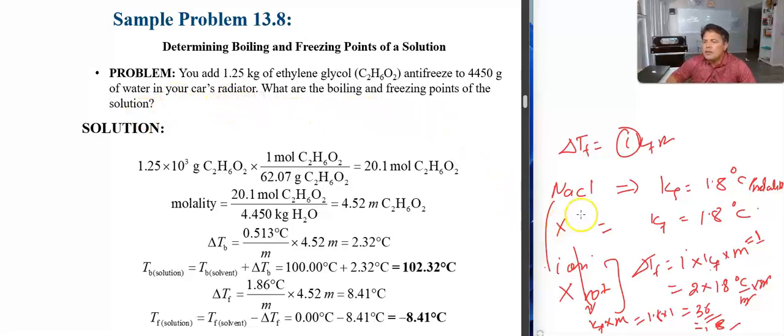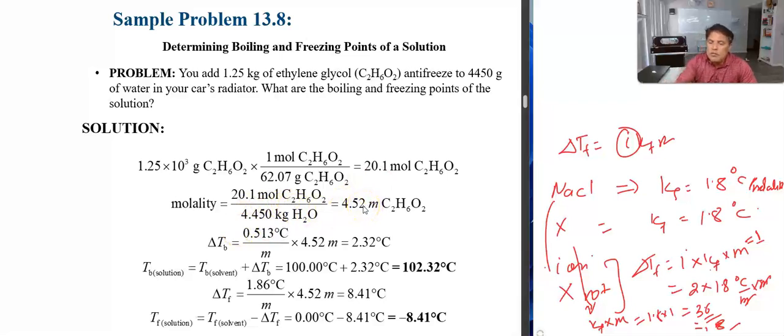So let's do that. First of all, convert that into moles, and then into molality. Everything, the mass of this, we divide by the molar mass, and this gives the moles, and molality is moles per kg of solvent. So this much kg of solvent, that's why this is your molality.